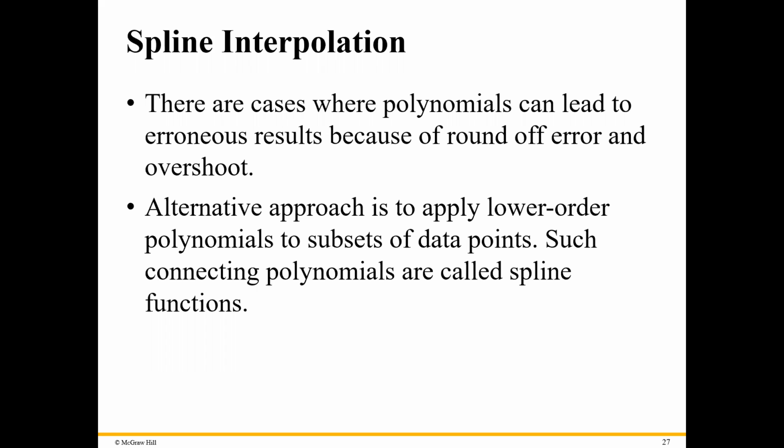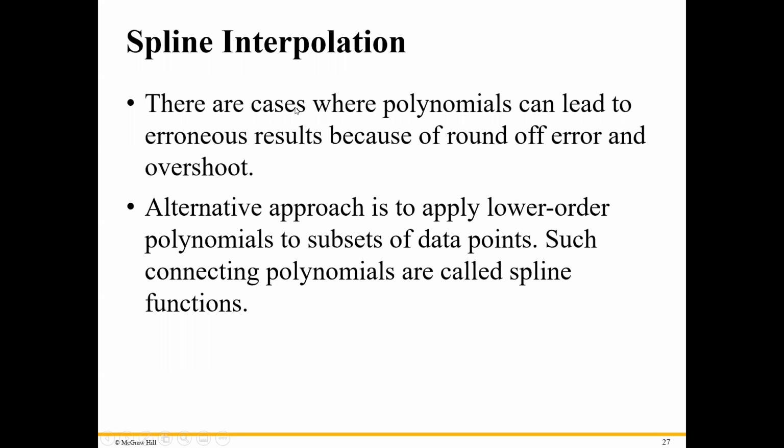Then in between these different intervals of points, we interpolate using lower order polynomials: first order, second order, and third order polynomials. The most useful of them all is the third order polynomial for the spline interpolation.